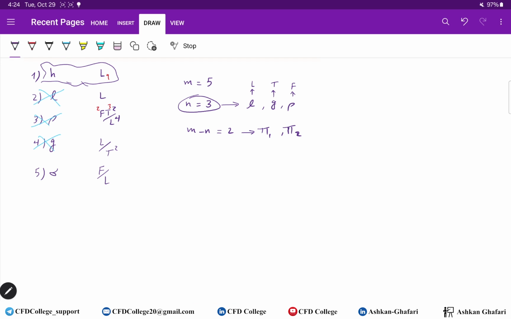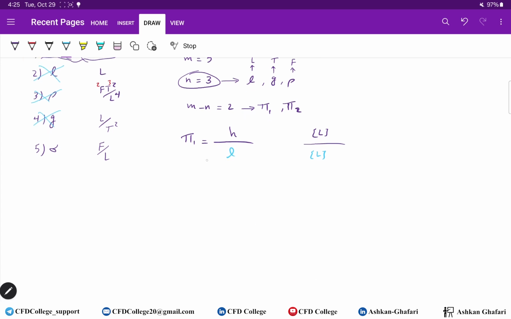We should start from H. So pi 1 equals, here we have H. The unit is length. It's easy to deal with. We need L here, length, and we have L with the unit of length. So as you can see, this is the first dimensionless group.